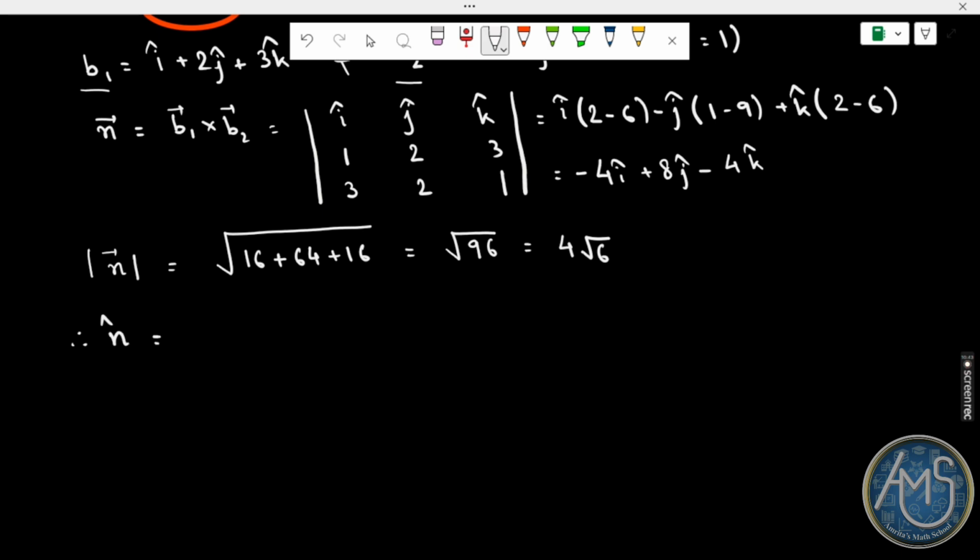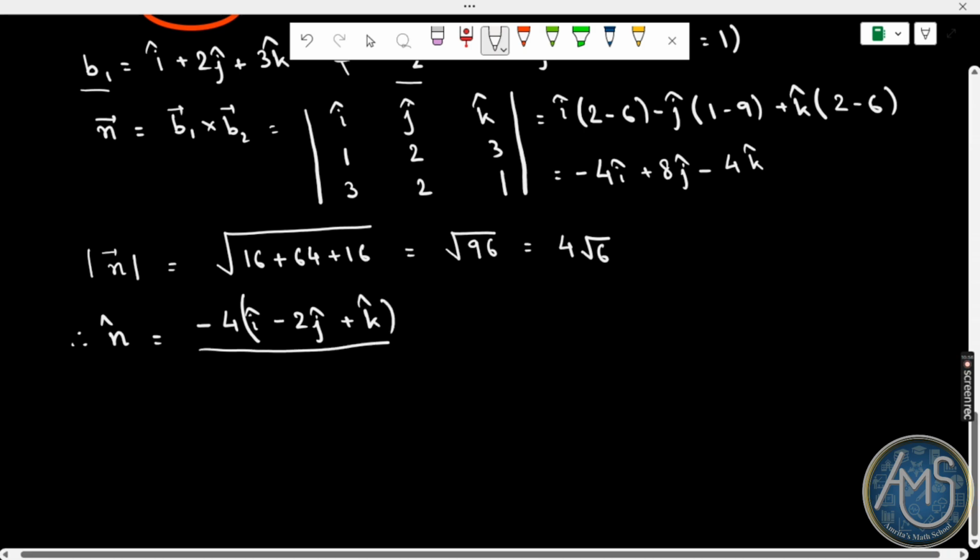Therefore, n cap will be minus 4 i cap plus 8 j cap minus 4 k cap by 4 root 6, or its plus minus value we can say.